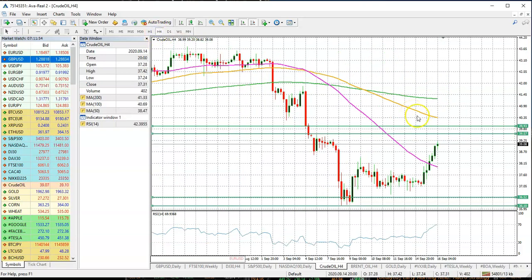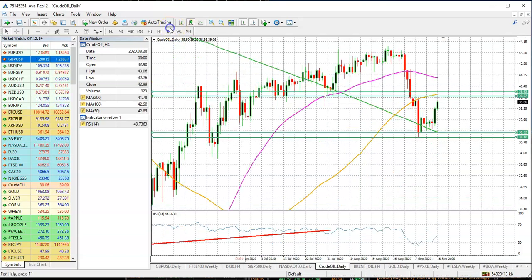But keep in mind the levels on your 4-hour time frame, which means if you are buying the price above this one, the next resistance, where the price is going to see some sort of resistance, is going to be the 100-day moving average on the 4-hour time frame. But that doesn't mean this moving average is going to push the price lower, because the time frame which has more importance is your daily time frame. So if the price stays above that 100-day moving average on the daily time frame, it is likely to remain to the upside.